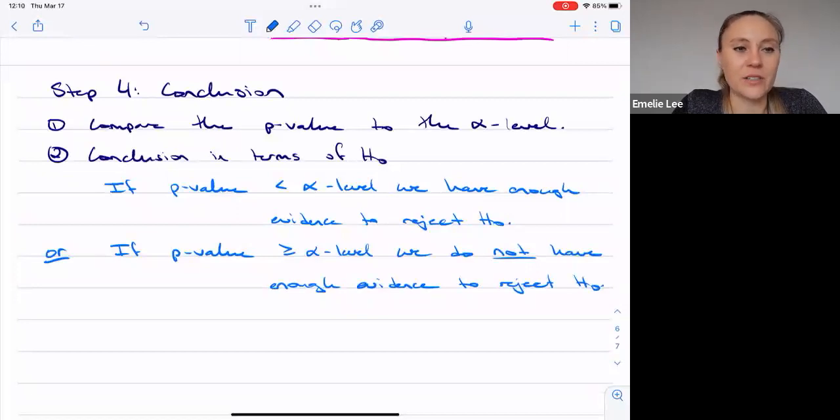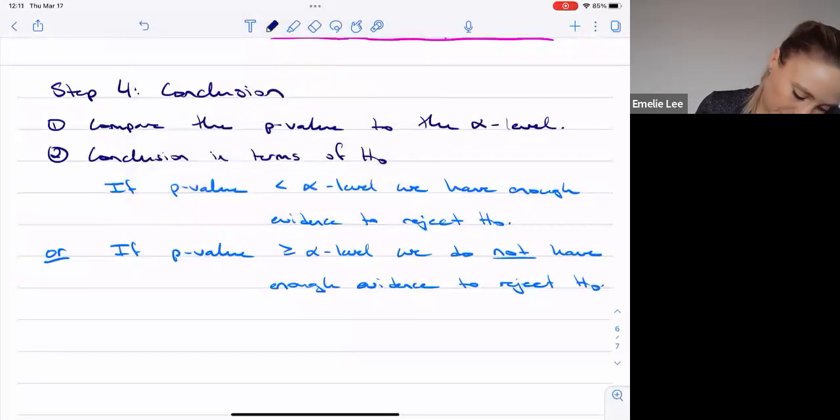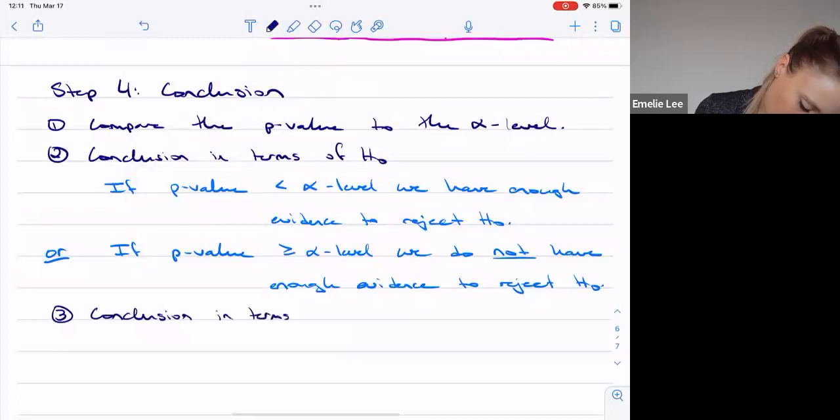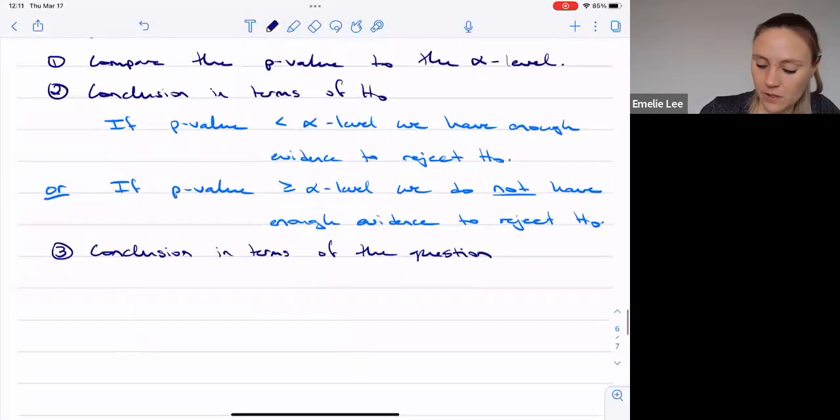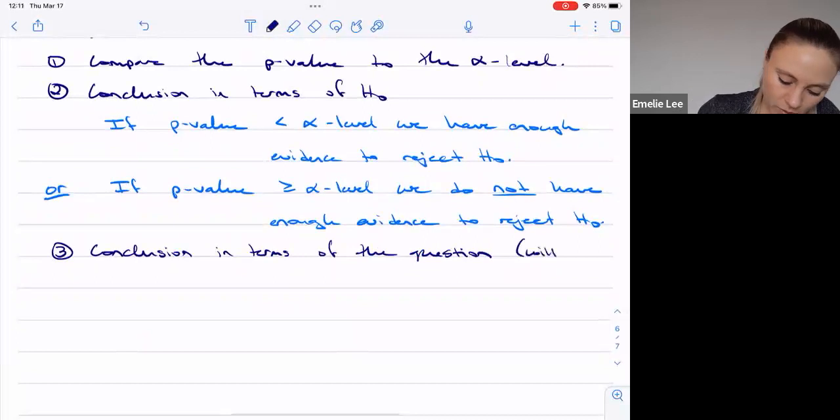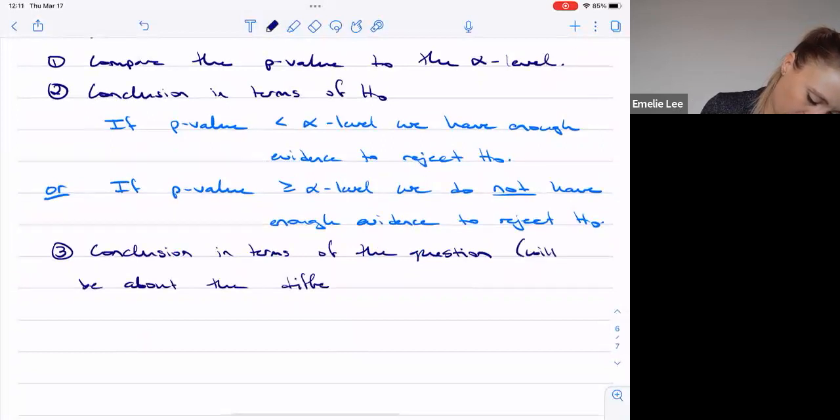And then finally, your conclusion in terms of the question, which is going to be about the difference in proportions.